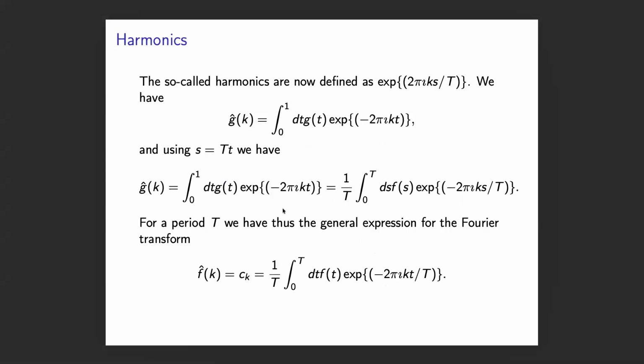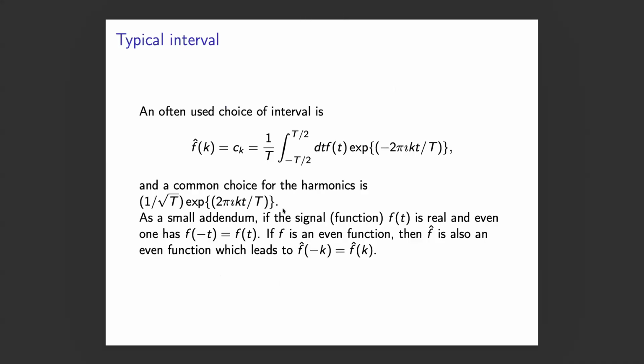This is not very exciting, but I'm bringing it up because I wanted to remind you of some basic elements of Fourier theory. This would typically be the recipe you would use to find these coefficients. A choice which is often used is this one, and a common choice for these harmonics is this expression here.